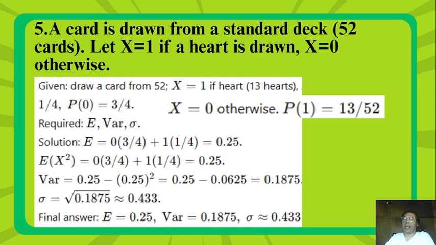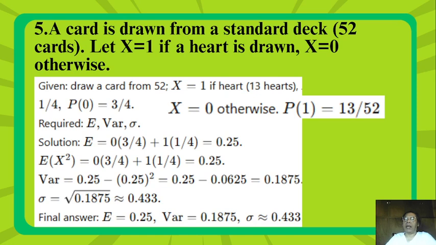Our variance then is equal to E of X squared minus the square of E, so 0.25 minus 0.25 squared is equal to 0.25 minus 0.0625, which is equal to 0.1875.